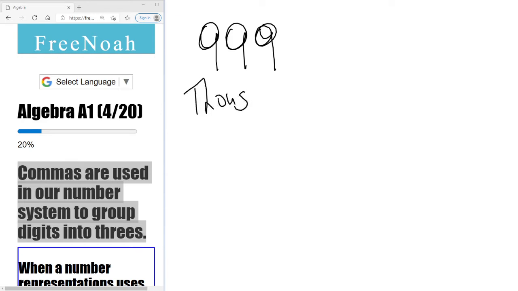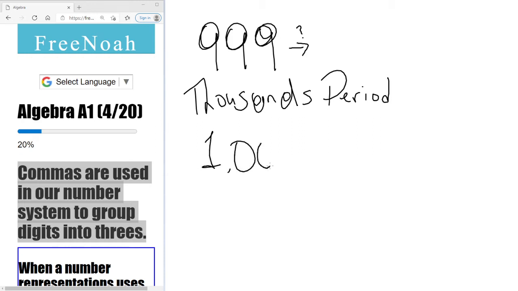And that's going to be our grouping of three, a thousands period. Now, let's write thousands period. After 999, numeric value, it's going to go into 1000.